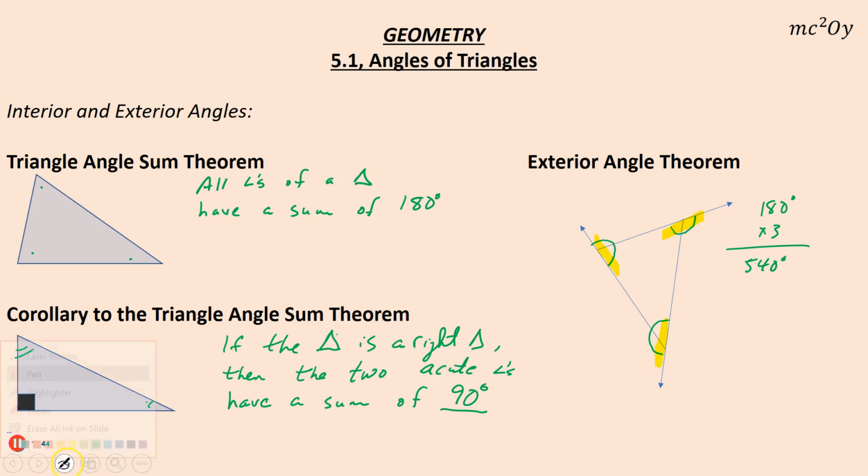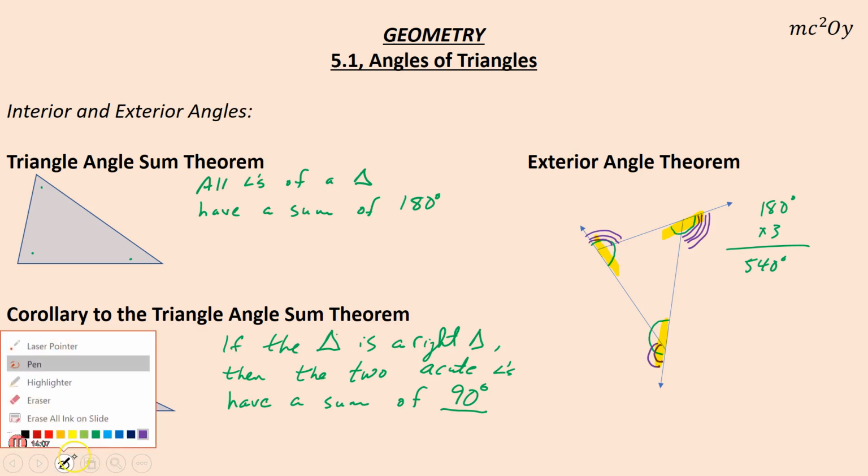Okay? Well, the exterior angle theorem is asking me to find the measure of, let me put some different colors here, your exterior angles. So that angle, this angle, and this angle. Okay? So we want to find the exterior angles. Let's keep in mind that these straight angles add up to 180.